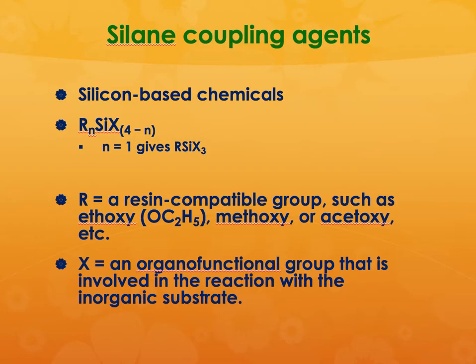Most of the time in fibers, you will find that they use what are called silane coupling agents. This is a standard format: RSiX, where X has a subscript of 4 minus n, and if n is equal to 1, then it gives RSiX3.